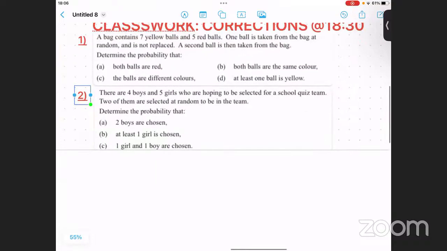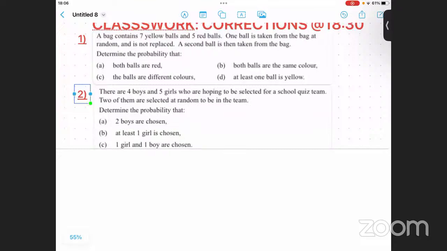Okay, we're gonna do corrections. I don't know if you still have this piece of work. I don't know if you have the screenshots with you. Do I need to share this or are you okay without it?